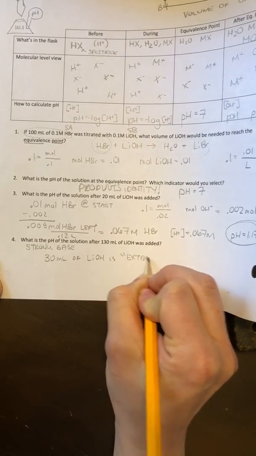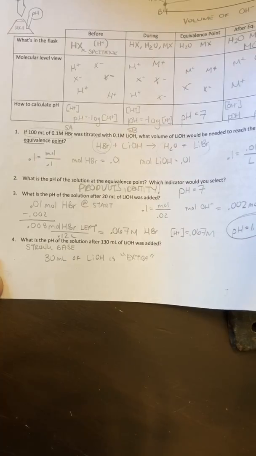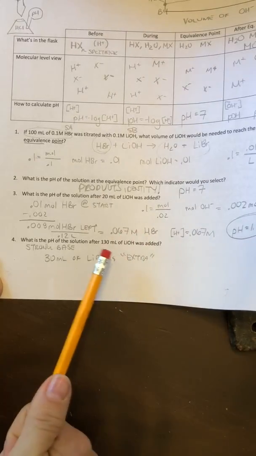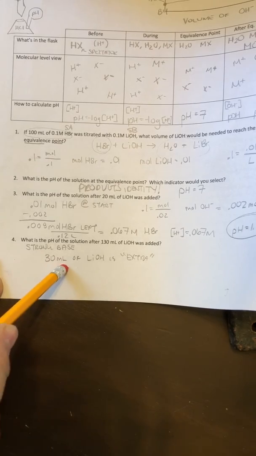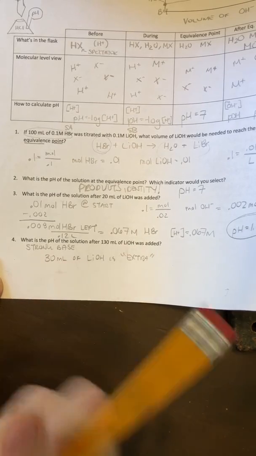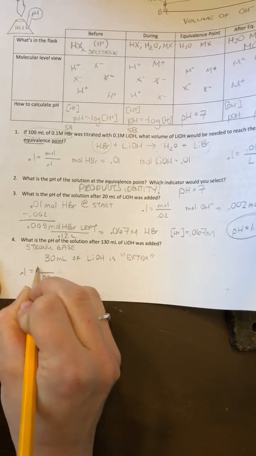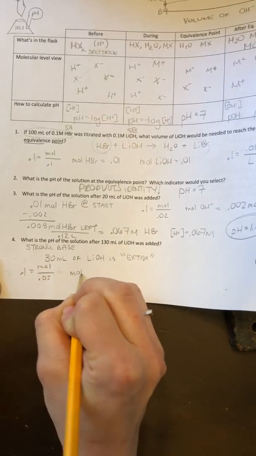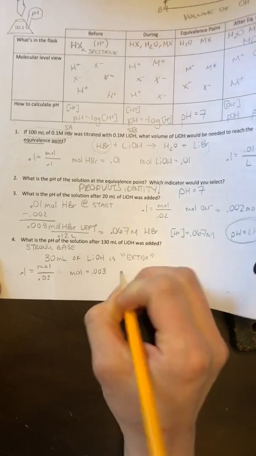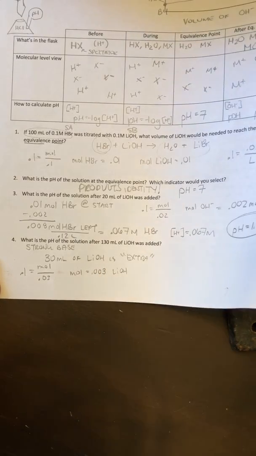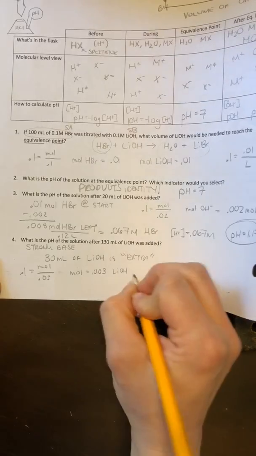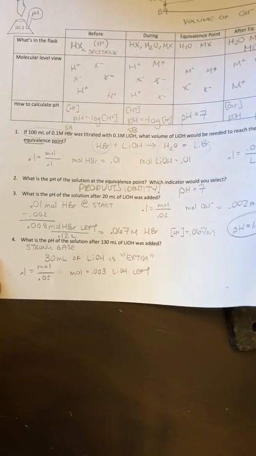It didn't have any acid to react with. So that's our extra base left over. Let's figure out how many moles of lithium hydroxide were in that 30 milliliters. It would be 0.003 moles of the lithium hydroxide left as extra.